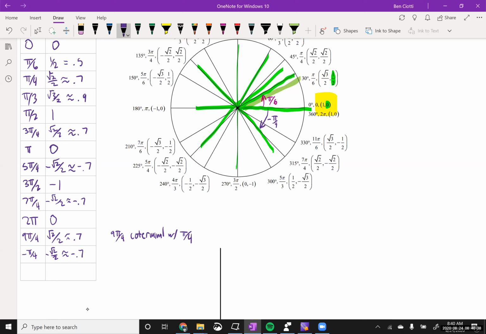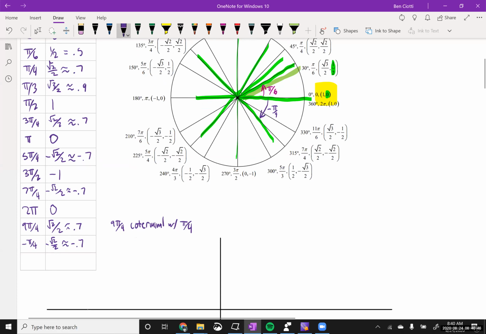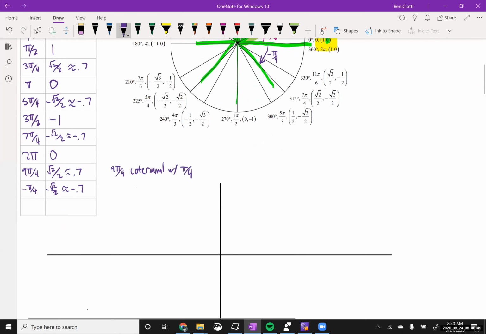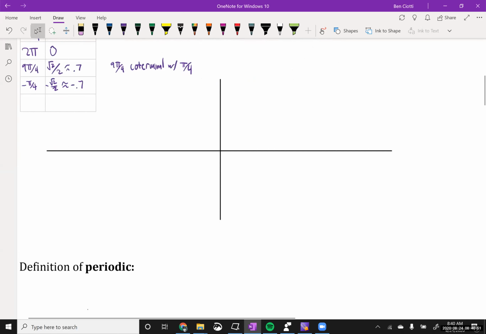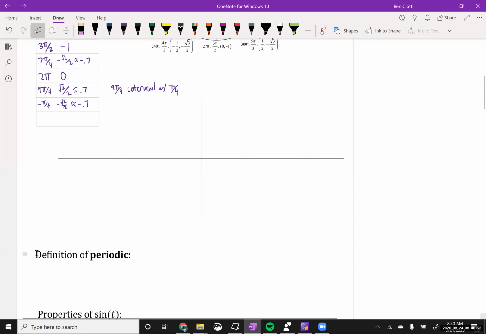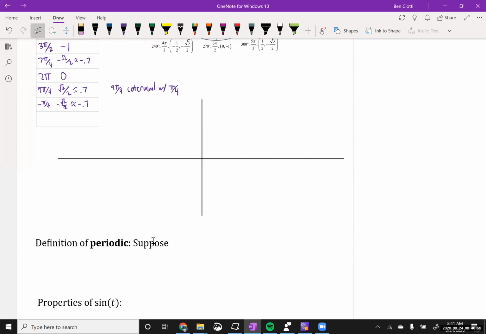But to address this issue of the values repeating once I go around a full 2 pi, let me give you a definition before I start plugging in these points. And that definition is a periodic function. So suppose that g of t is a function.